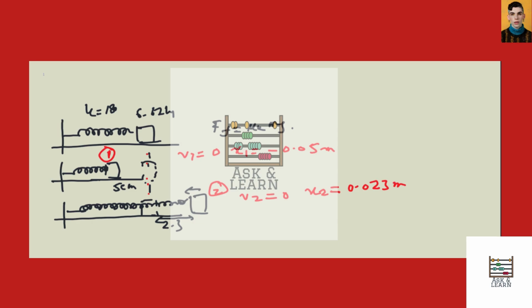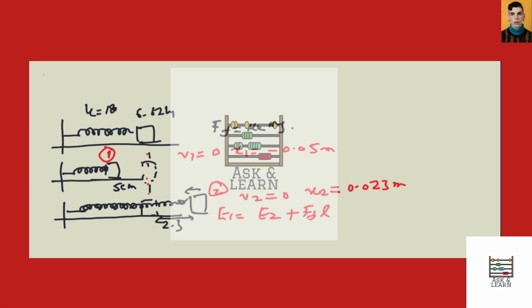So let's apply the conservation of energy. The total energy E1 should equal the total energy E2, but this is not the case in this scenario because there is friction. So the energy at 1 should be equal to the energy at 2 plus some work done by the friction force.